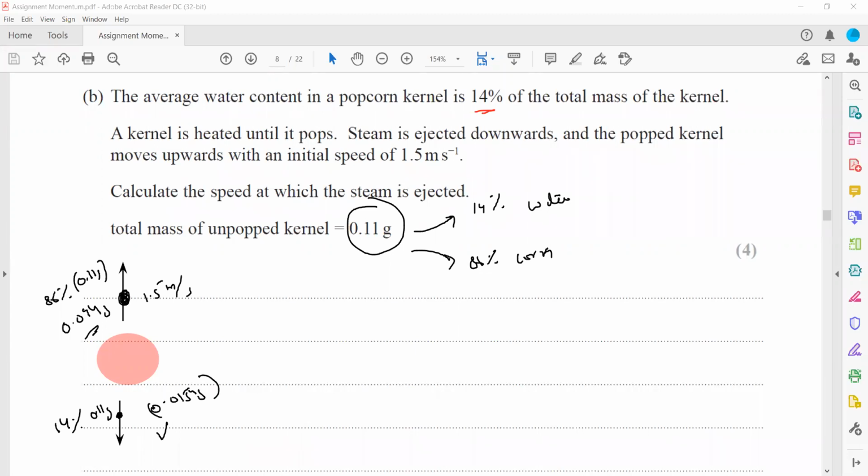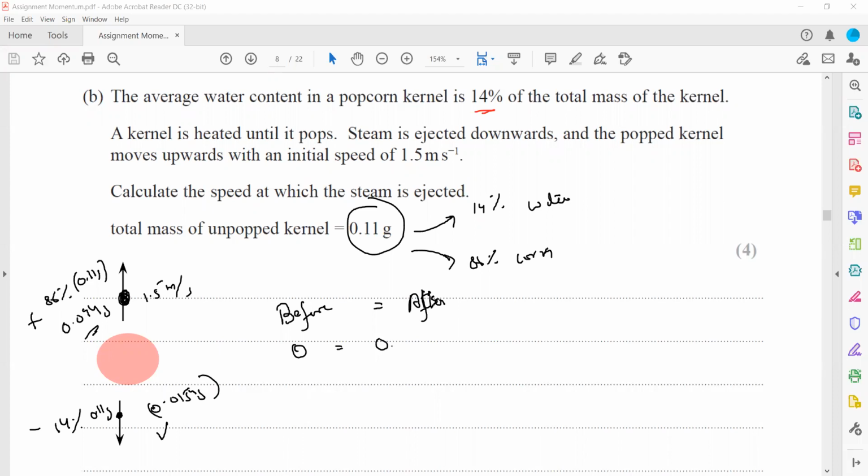So according to conservation of momentum, the total momentum before is equal to momentum after. What is the momentum before? Initially it is at rest before being popped, so the final should also be 0. Mass times velocity equals mass times velocity, but if one is moving up, the other is moving down. So if one momentum is positive, the other will be negative.